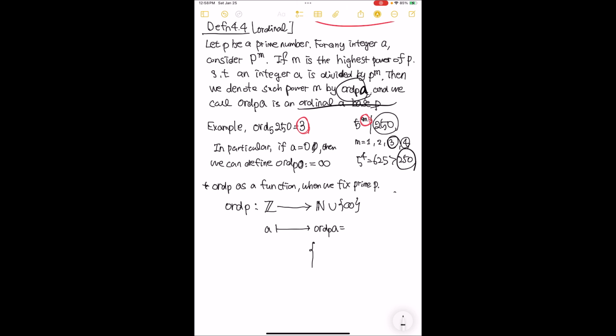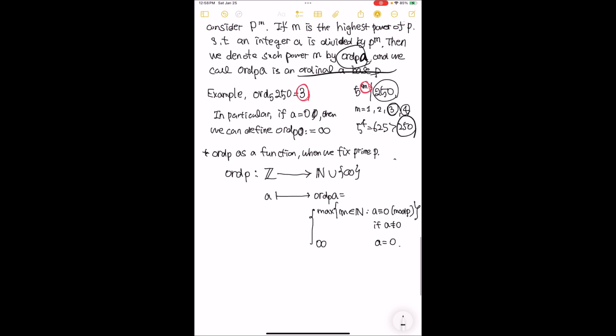So we can define ord_p(a) as the maximum integer m that satisfies the following modular condition mod p, if a is non-zero, and plus infinity if a is 0.